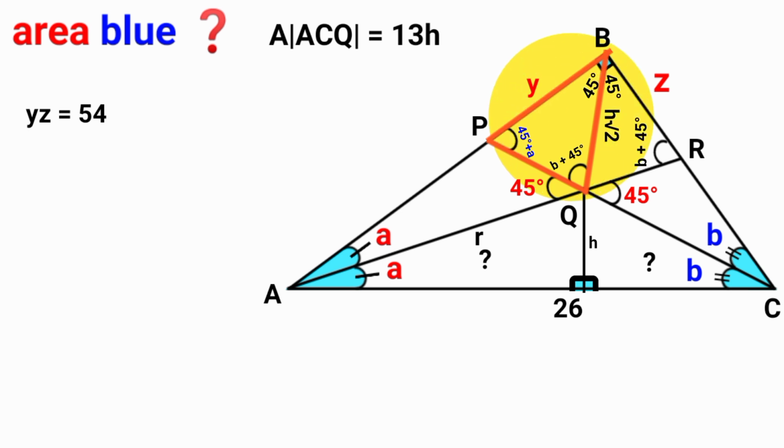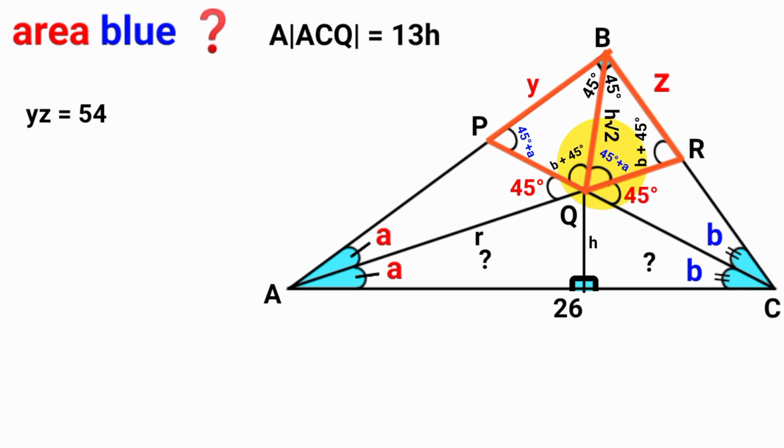And let's compare this triangle and this triangle. Both have an angle of 45 degrees, which are this and this. And both also have an angle b plus 45, that is this and this. This proves that the two triangles are similar. So since this is a plus 45 degrees, this must also be a plus 45 degrees.